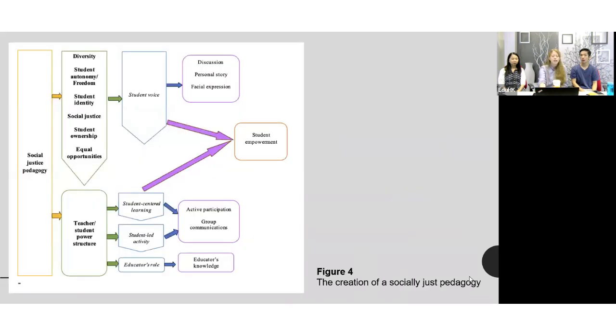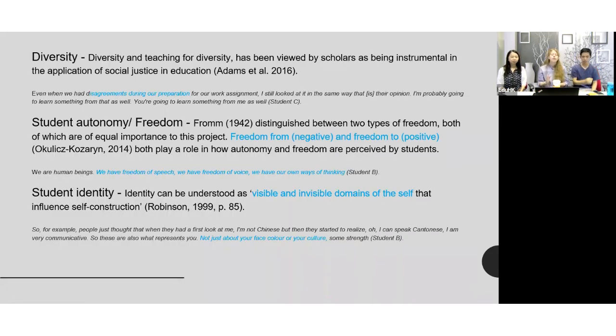First, I'm going to start with the green column and discuss how students viewed these concepts within the framework. First is diversity. When we generally think about diversity, it could be ethnic diversity, linguistic diversity. It comes in many forms. There was a little bit of that in the project, but most of the students thought about diversity in terms of diversity of ideas or diversity of opinions.